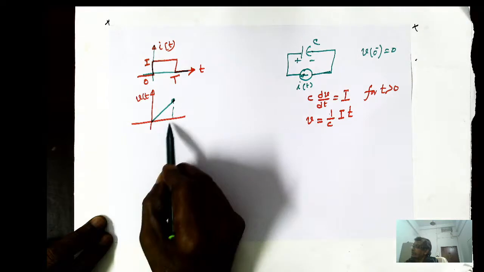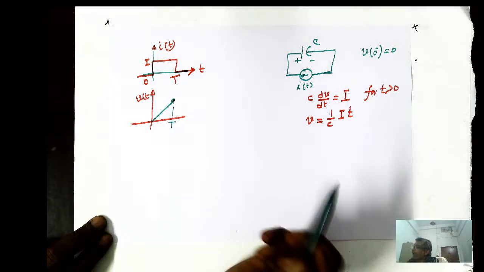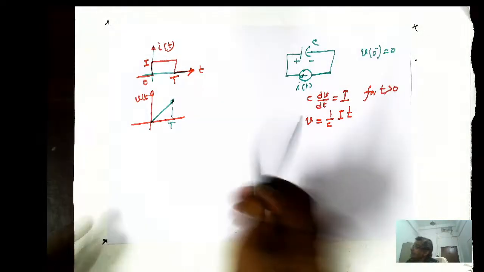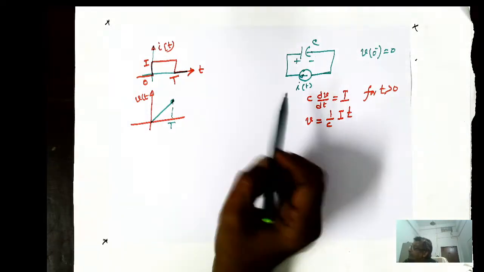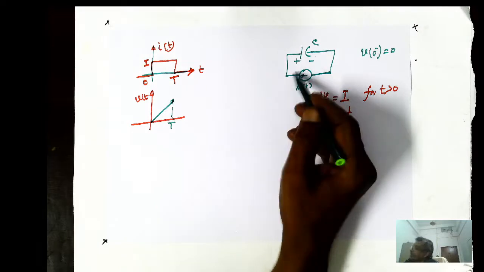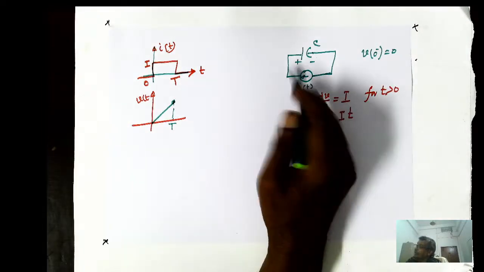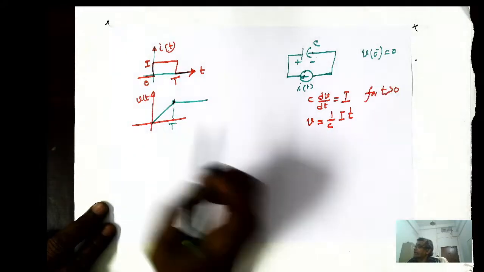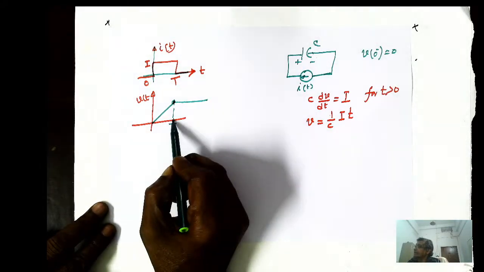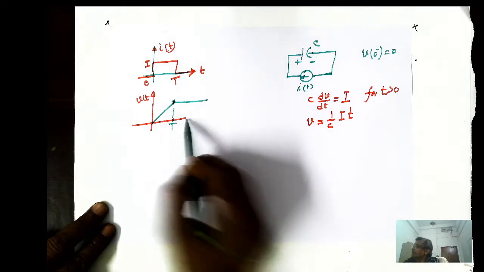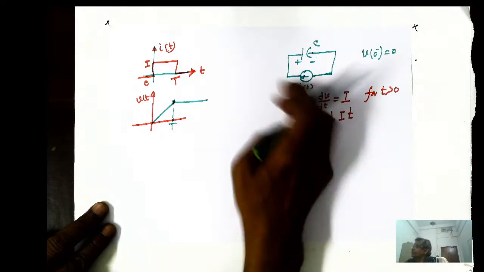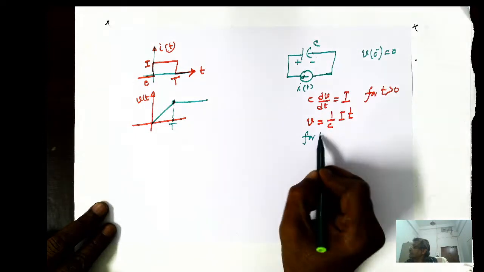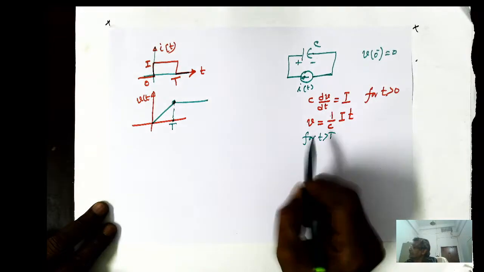You get that point. And after that the current is 0. Current is 0 means the current source has been disconnected here. So that voltage will be retained by the capacitor plate, because beyond capital T, I have withdrawn the current source. So for t greater than T, the circuit is simply this one.